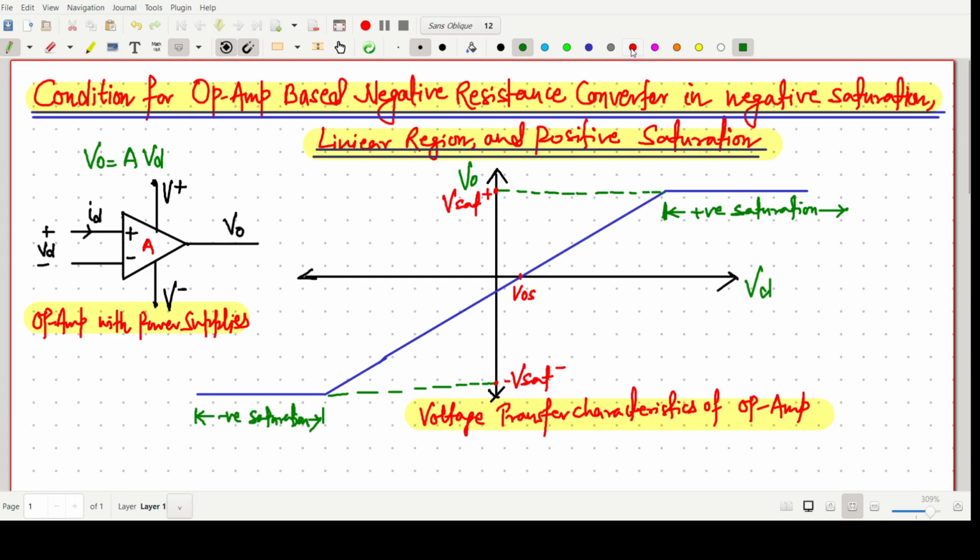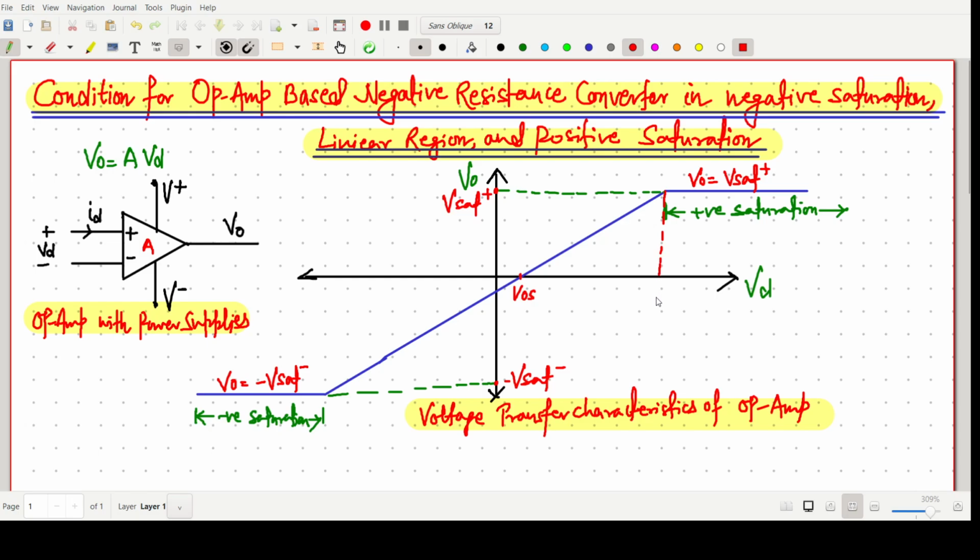In the positive saturation region, the output voltage is equal to V sat plus. In the negative one, V naught equals minus V sat minus.